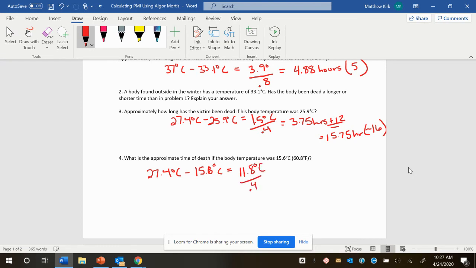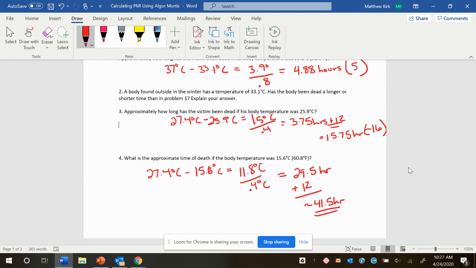And then I divide it by the slower rate of 0.4 degrees per hour. And it took about 29.5 hours to go from 27.4 to 15.6. But we can't forget there's that initial 12 hours to get down to 27.4. So my final answer would be about 41.5 hours.